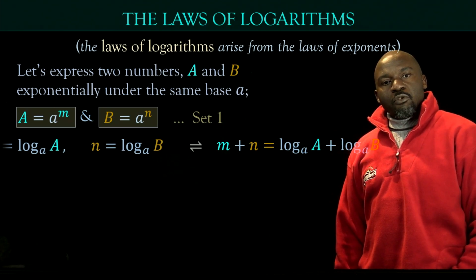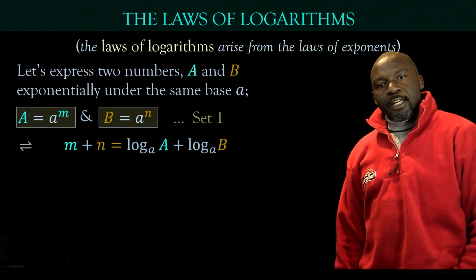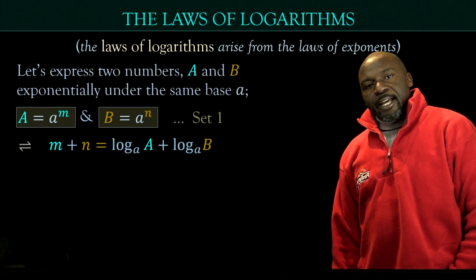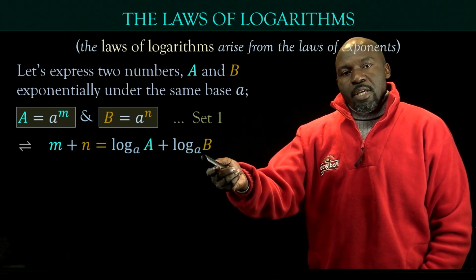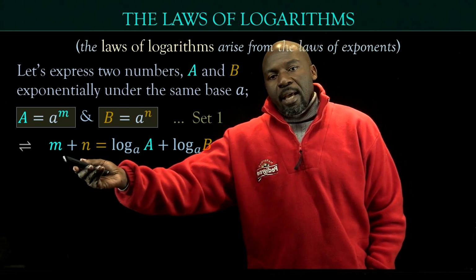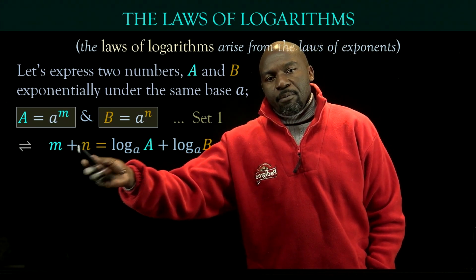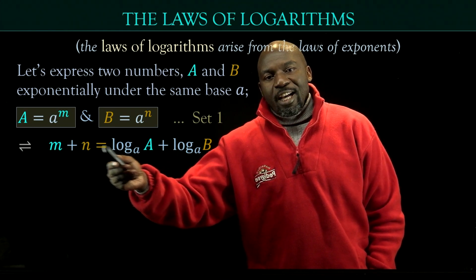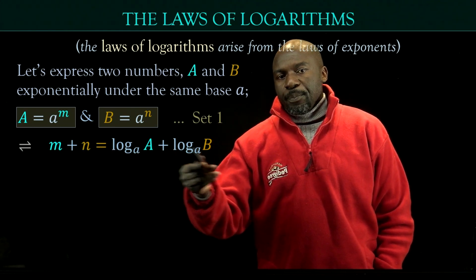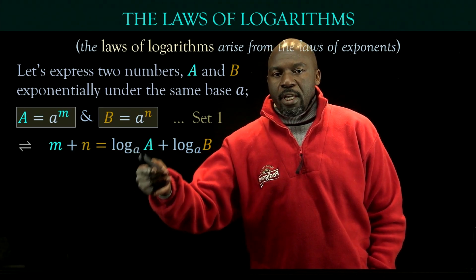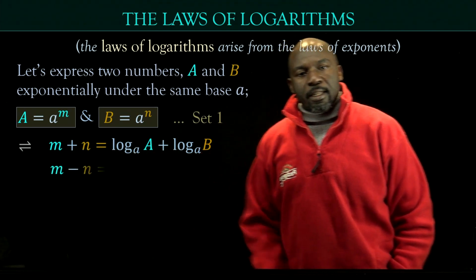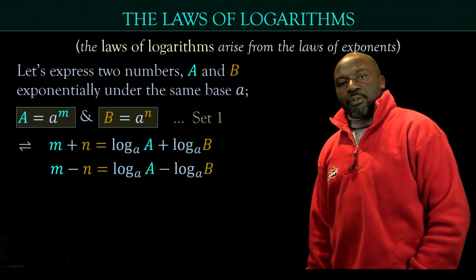Okay, I'm going to move that so that we see it more clearly. So m plus n must be log of a plus log of b. But similarly, m minus n, since m is log of a and n is log of b, must also be log of a minus log of b, like that. Okay, so that is true.